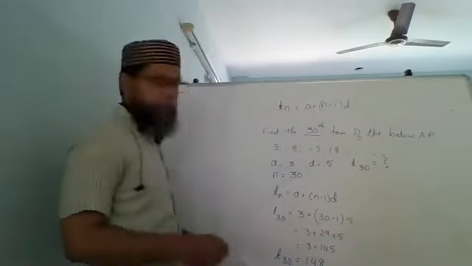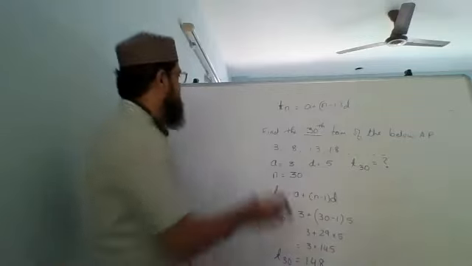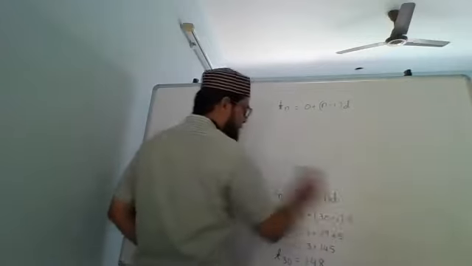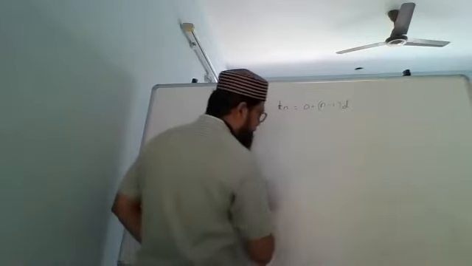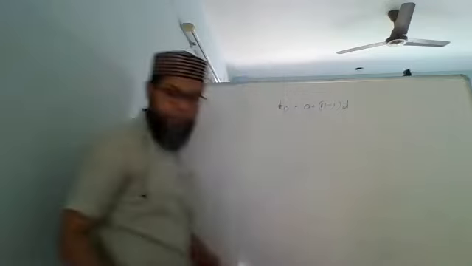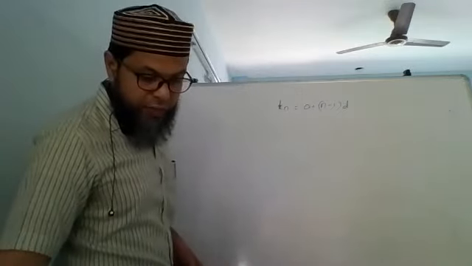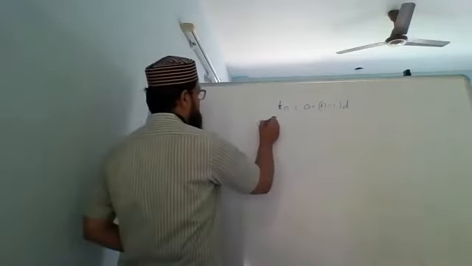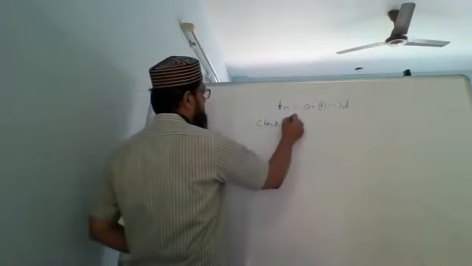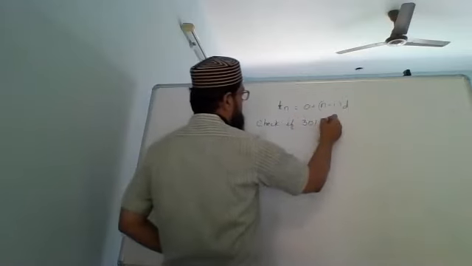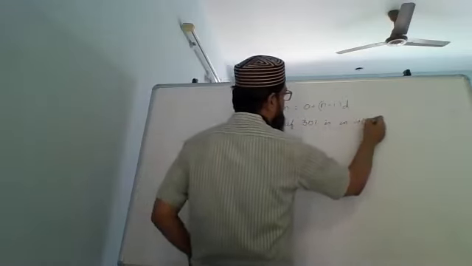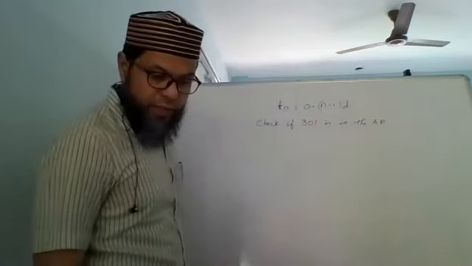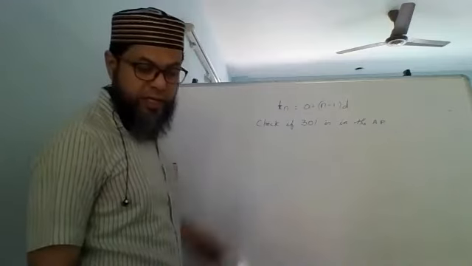For example, they might give you a sequence, or they might give you an AP, and ask you to check whether 301 is in the sequence or in the AP.